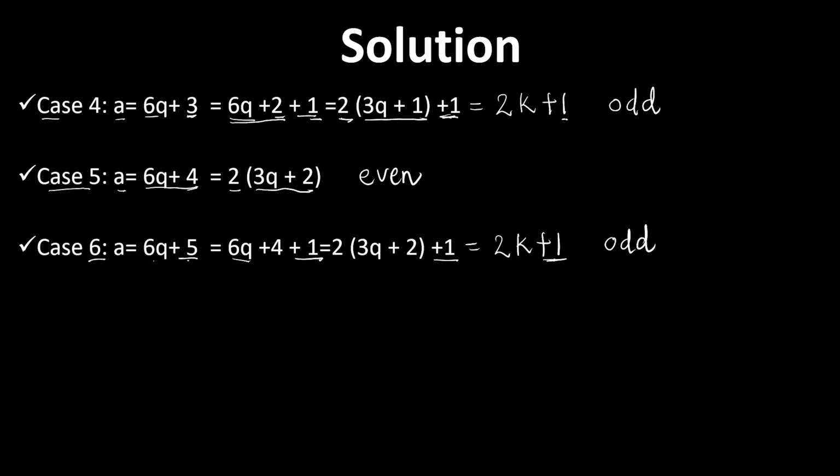So we have discussed a total of 6 cases where we started with r equals 0, r equals 1, r equals 2, r equals 3, r equals 4 and r equals 5. And in all the 6 cases, sometimes we got the integer as an even integer and sometimes as an odd integer.